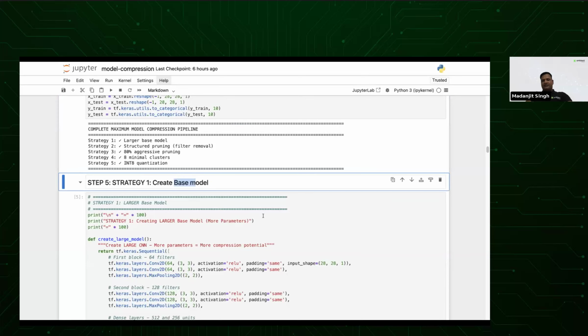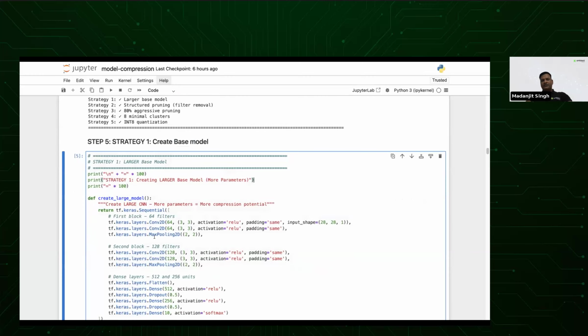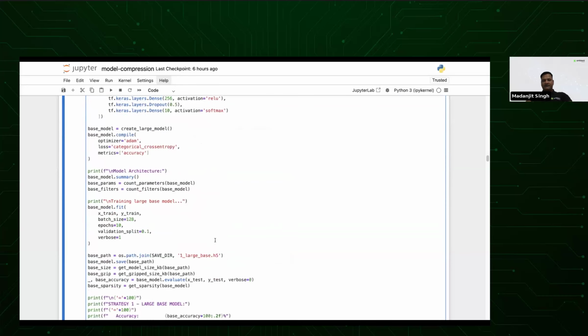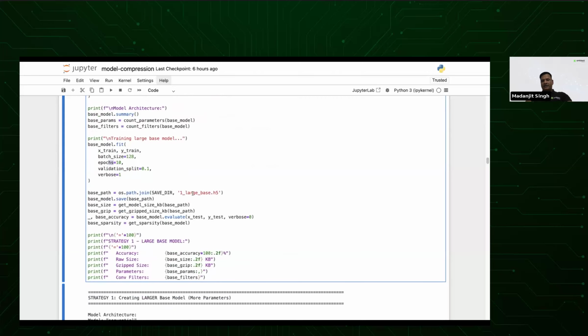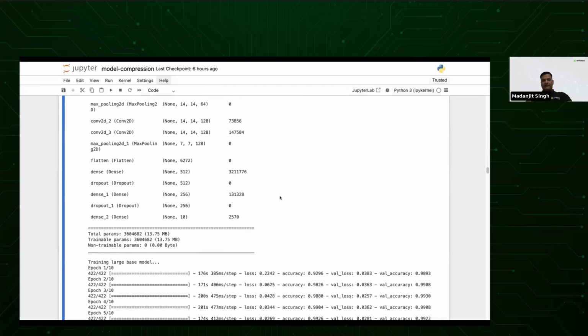So, create base model. The first step is creating a base model, and where do you get the base model from? Everywhere it's available. You can go to Kaggle or anywhere and get the structure, and based on your understanding, you can create a base model. After creating the base model and training for 10 epochs, the large base model H5 is created, and you can see the parameters.